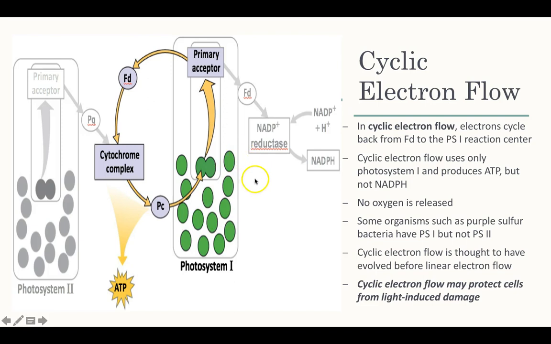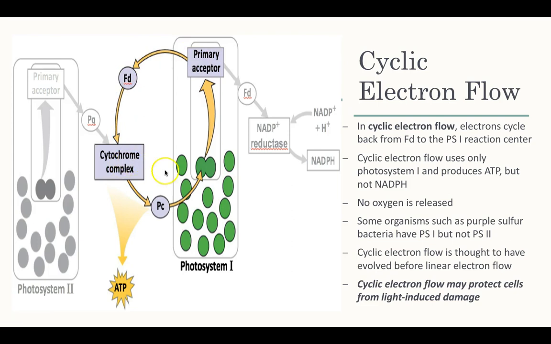Photosystem I, 700 nanometer wavelengths absorbed by the pigments, passed to P700. It gets excited. The electron goes up to the primary acceptor, goes from the primary acceptor to ferredoxin, but this time ferredoxin drops the electron back into the first electron transport complex.